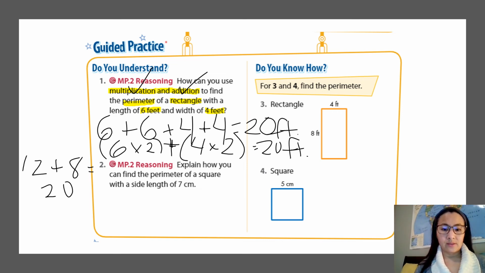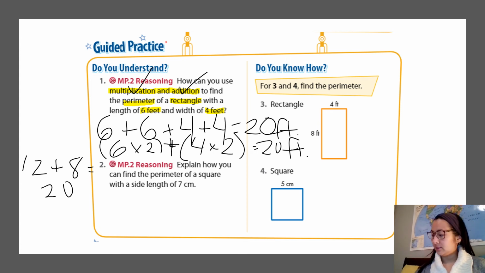Okay, let's take a look at number 2. Explain how you can find the perimeter of a square with a side length of 7 centimeters. It says explain how. So in this case, you've got to use maybe a complete sentence so that it makes sense to someone else you're explaining to.